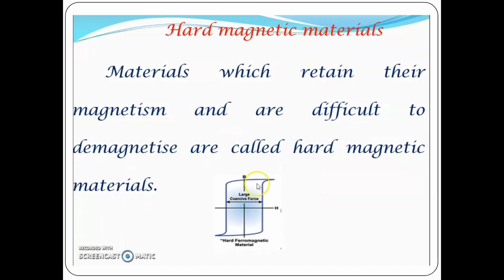Materials which retain their magnetism and are difficult to demagnetize are called hard magnetic materials. That is, we can easily magnetize hard magnetic materials, but it is hard to demagnetize them.